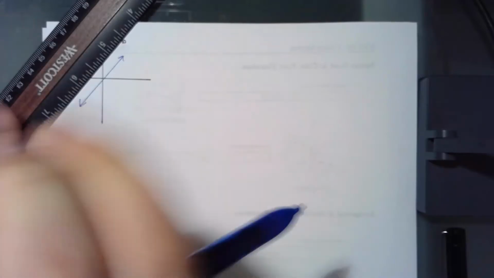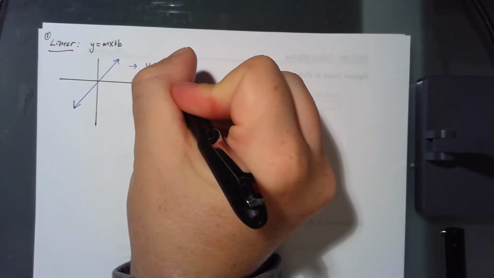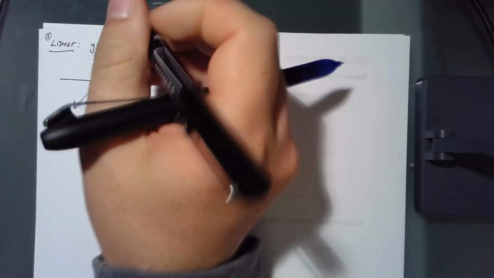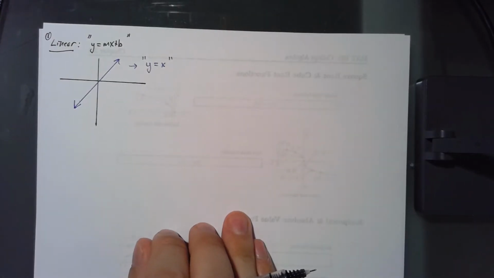It's a line. Specifically, this one is an example. This one is the line y equals x. But this is what it means for something to be linear, and you're familiar with that one. I mean, that one is pretty common.